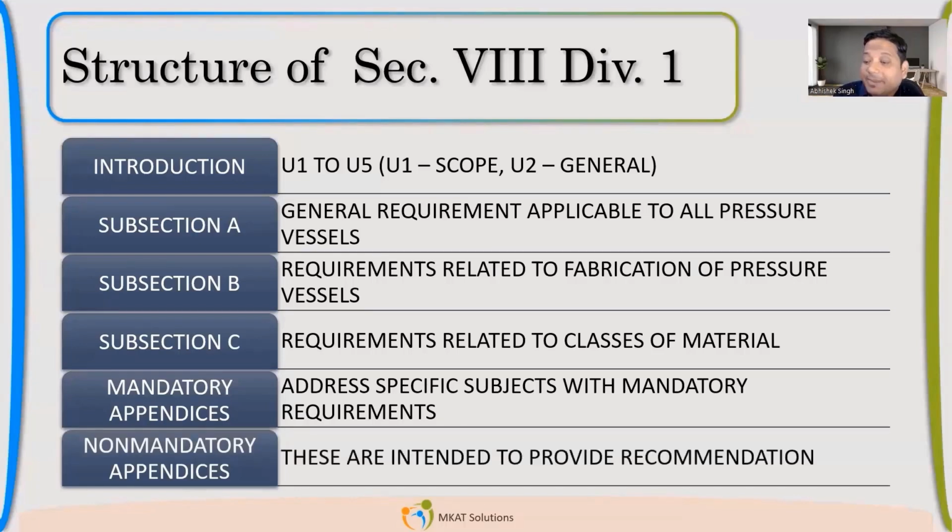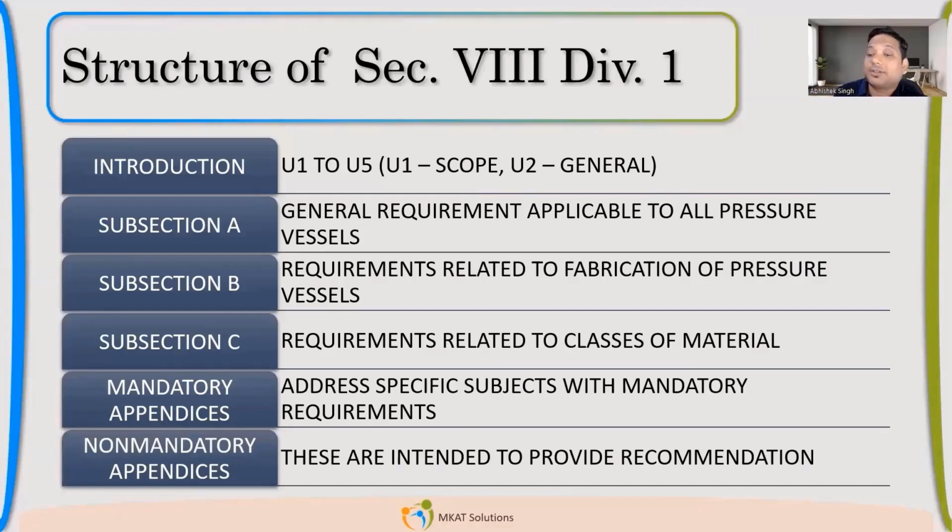These are the recommended practices suggested by the code. Whenever, as a designer, we get some recommendation by ASME, definitely it becomes a clause which should be followed by us, because that is the best reference we can get, right? If we are following the non-mandatory appendix for any calculations, nobody can question that.